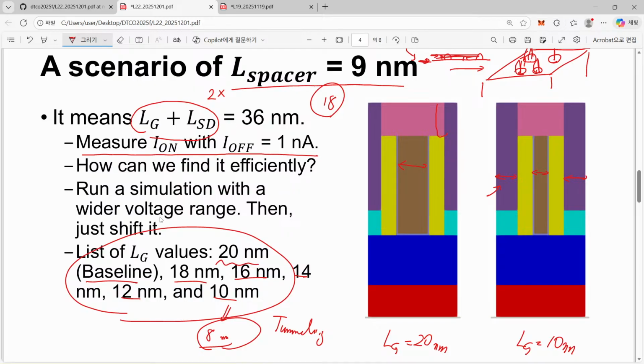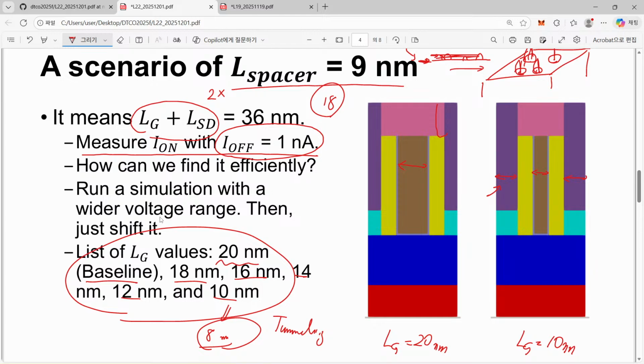But in order to make a fair comparison, the typical way is to keep the I-off at the same value. That is the key point.